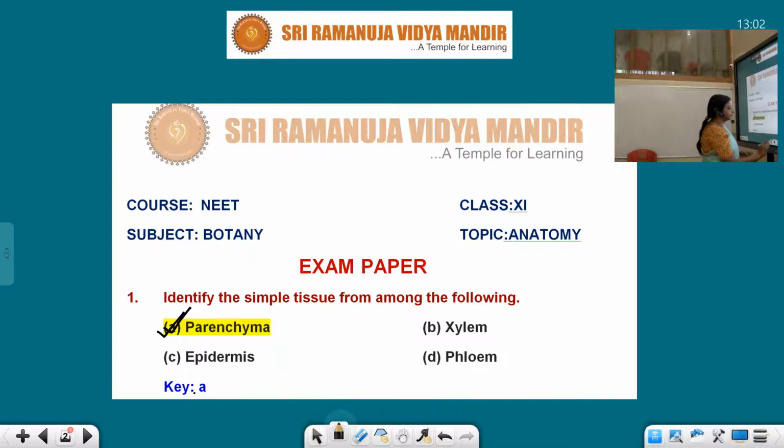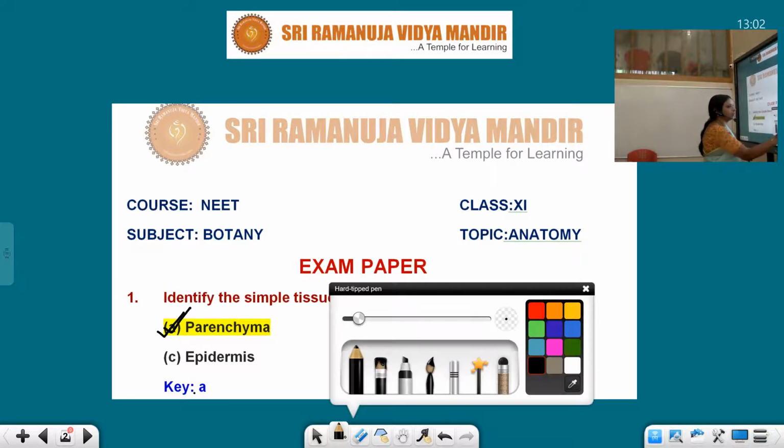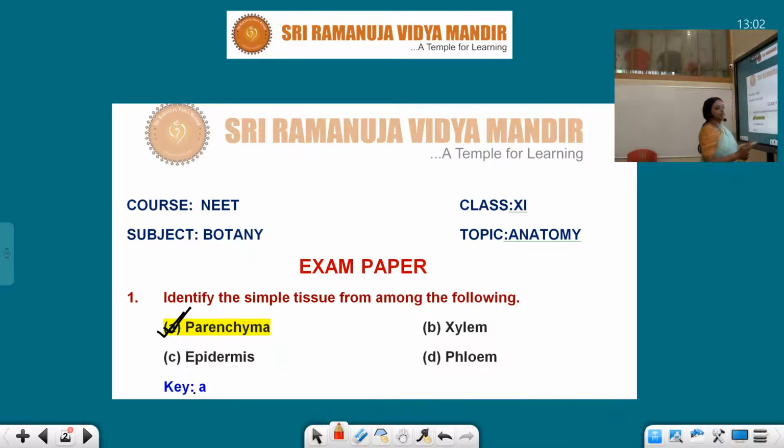If we observe B, xylem, it is a complex tissue which helps in conduction of water. Similarly, phloem is also a complex tissue. It helps in conduction of food.